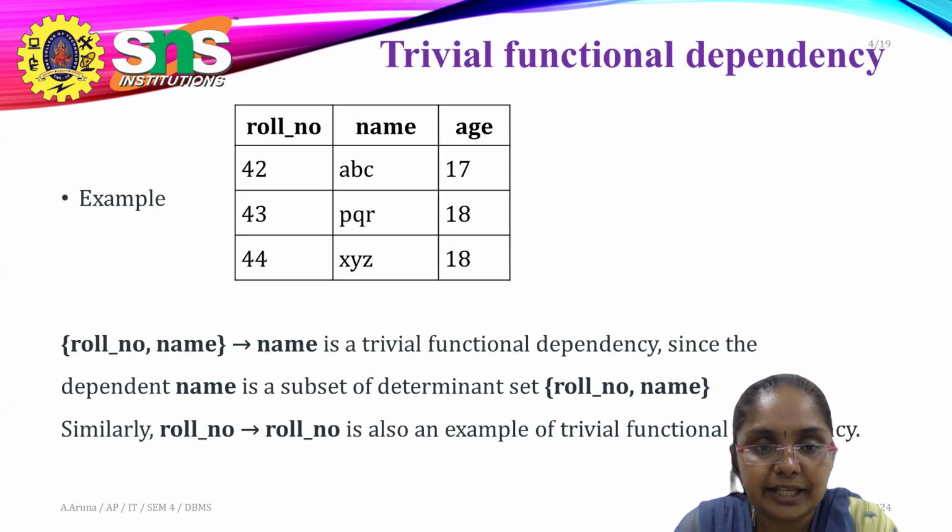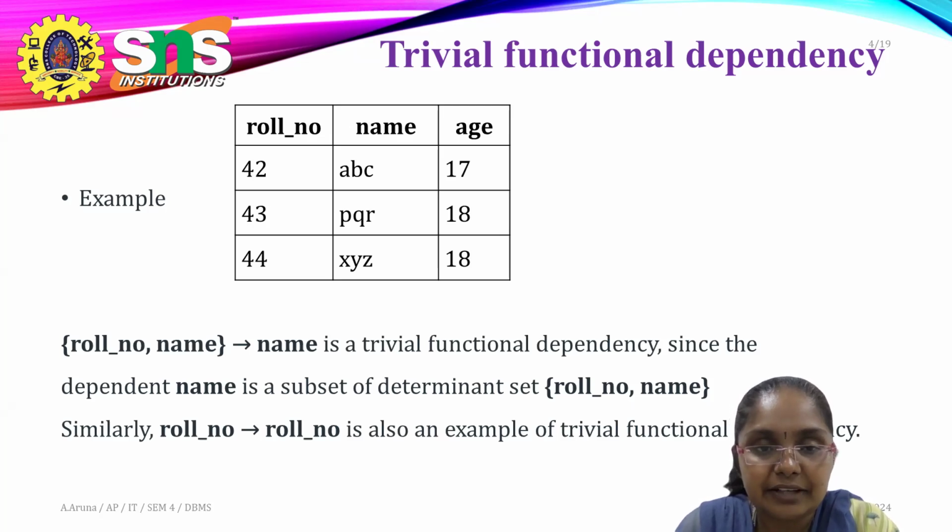Here I have put an exam table, which contains roll number, name, and age. If roll number, name tends to name, this is my X component, this is my Y component. I can say directly this is a trivial dependency. How can I say that? Trivial dependency means my Y component is a subset of my X component. Here, name is a subset of X because X has roll number and name. So we can definitely say this is a trivial functional dependency.